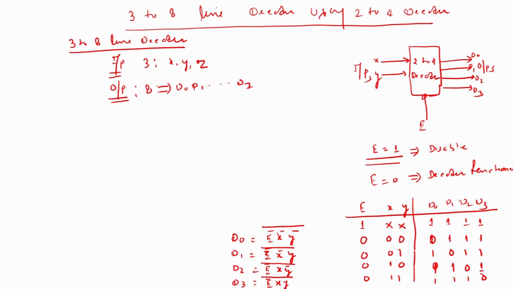When we implement a 3 to 8 line decoder by using a 2 to 4 line decoder, in case of a 2 to 4 line decoder the inputs are 2 and outputs are 4. So how many 2 to 4 line decoders are minimum required? In the first stage, 2 to 4 line decoders are required because our objective is to generate 8 outputs here.